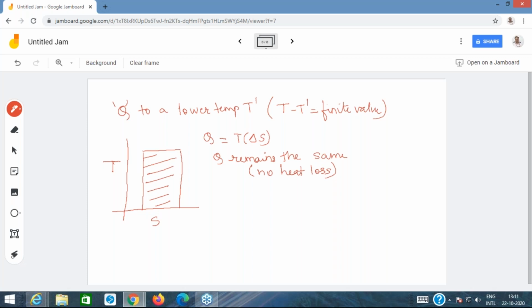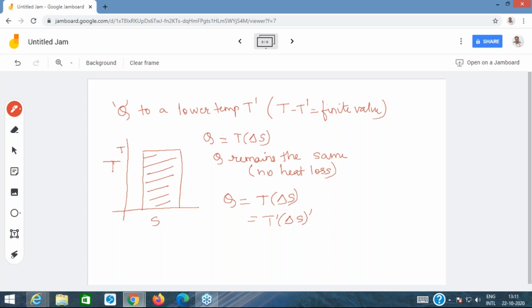So it means that this Q, which is equal to T into delta S, has to be equal to T dash into delta S dash.